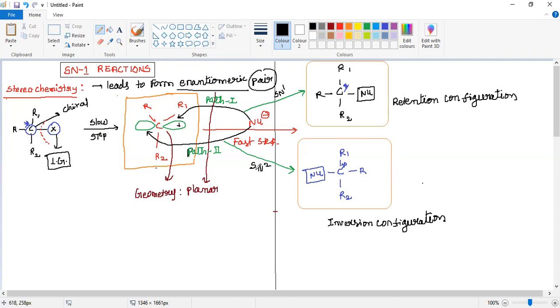So this is the stereochemistry, okay na?